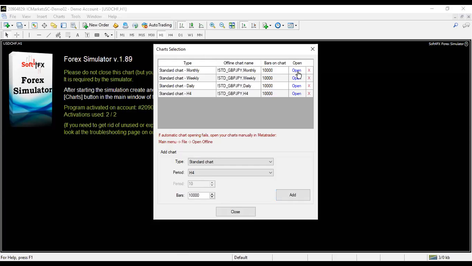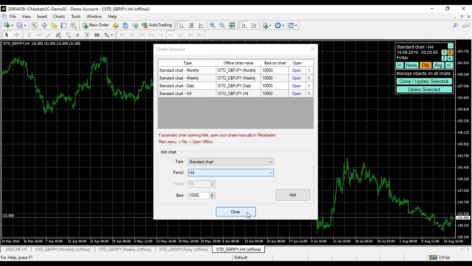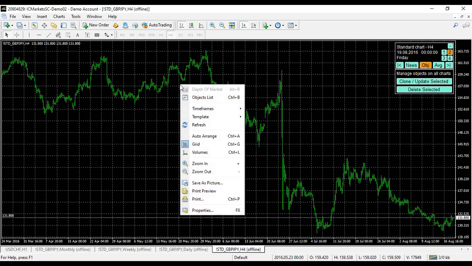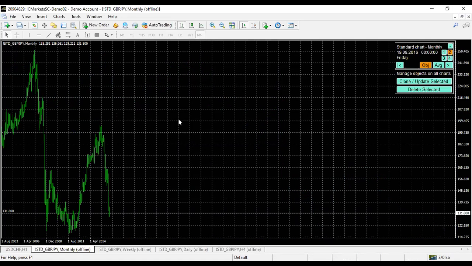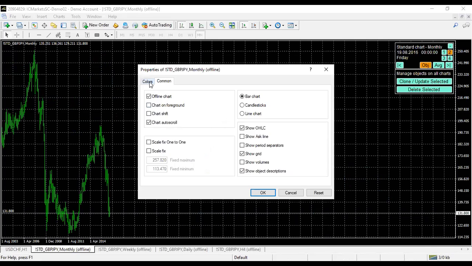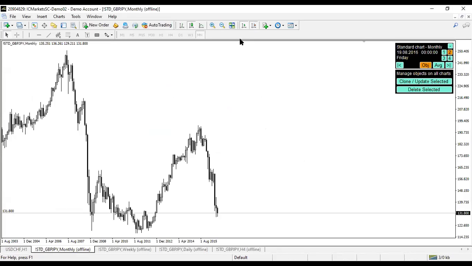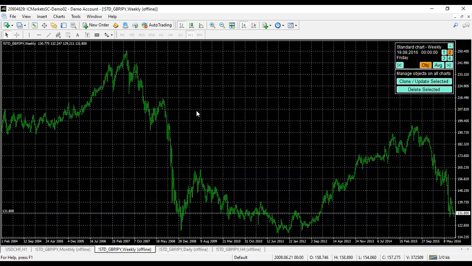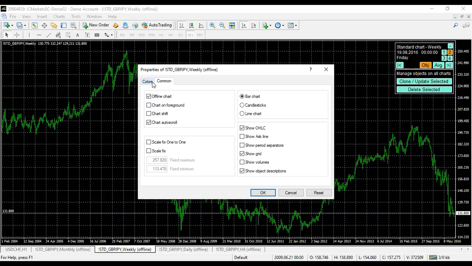And let me open this, close it. So here we have a monthly chart. Let's get the settings right. Here we have a monthly chart.